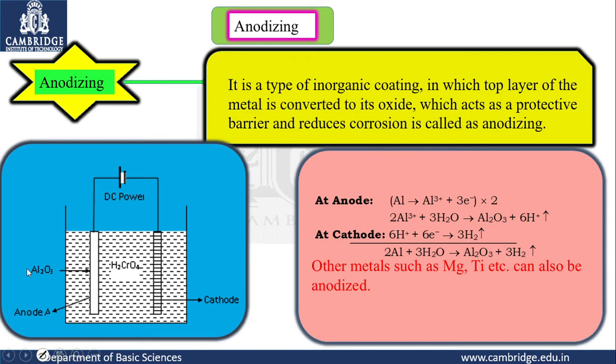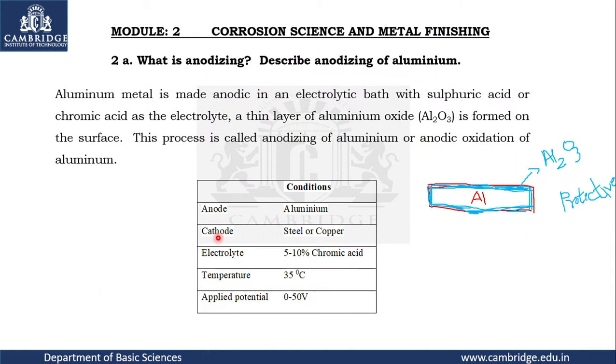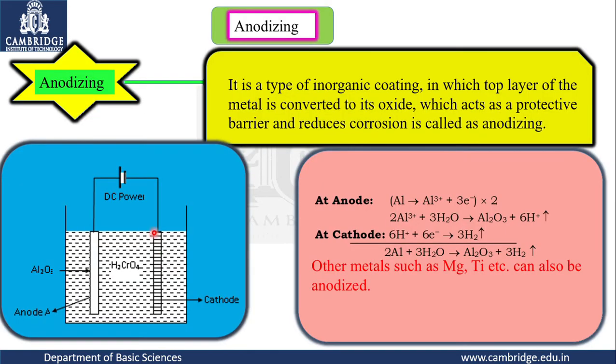It is connected to the positive terminal of a battery. And the cathode is either a steel or copper rod. It is connected to the negative terminal of a battery.